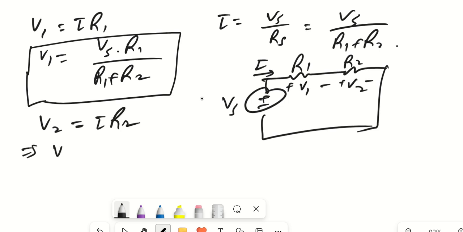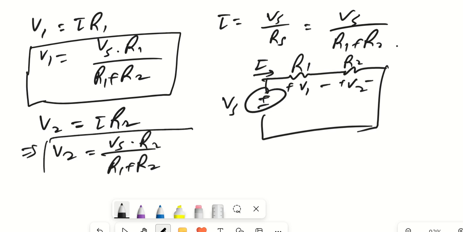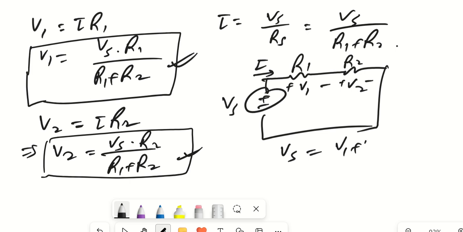My V2 is going to be Vs divided by R1 plus R2, into R2. So from these two equations, you can see that V1 will be more if R1 is more, and V2 will be more if R2 is more. So Vs is going to get distributed in terms of V1 plus V2.